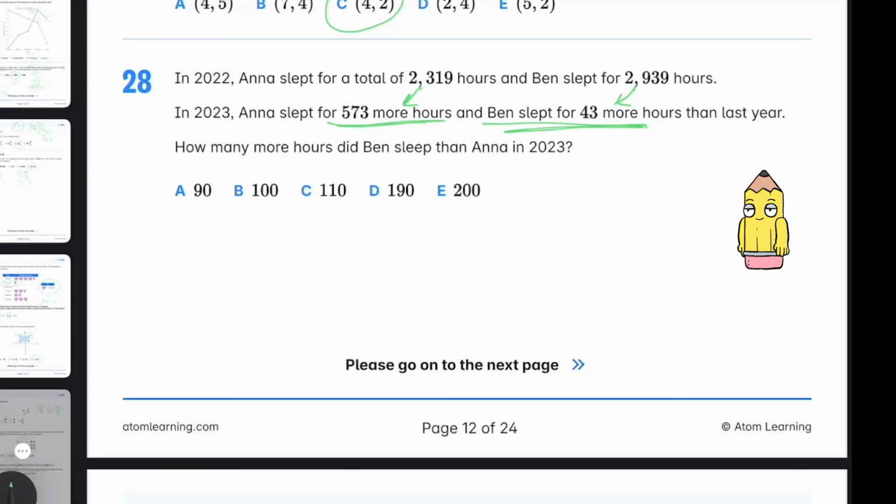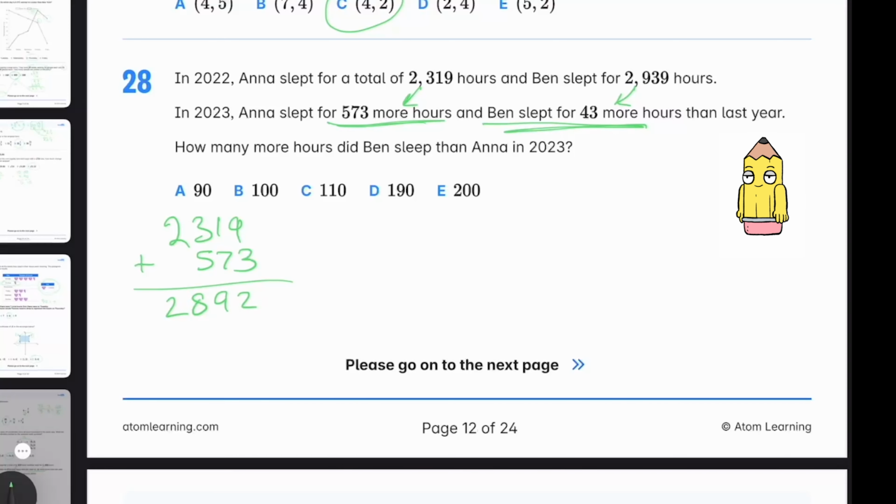So instantly, what we will do is we will add Anna's hours. 2,319 plus 573, which gives us 2,892. And we do the same for Ben, which is 2,939 plus 43, which is 2,982.